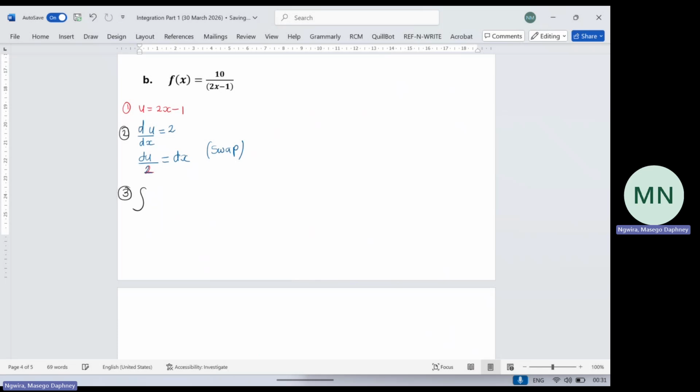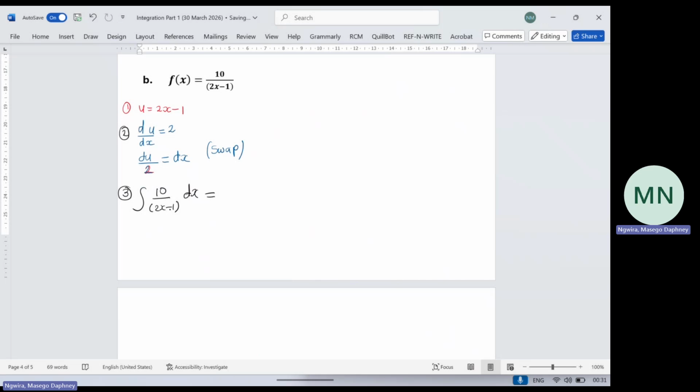So the integral of the original function, which is 10 over 2x minus 1, with respect to x, will be equal to, and now we're going to change it.